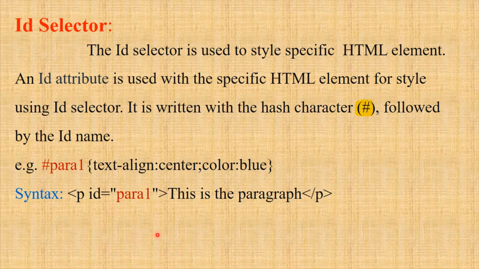The user will get the output: this paragraph is center aligned and the color of the text is blue, because of this ID selector para1.